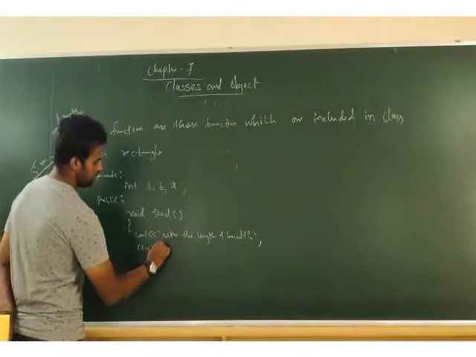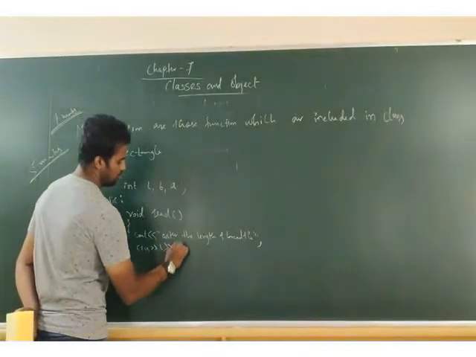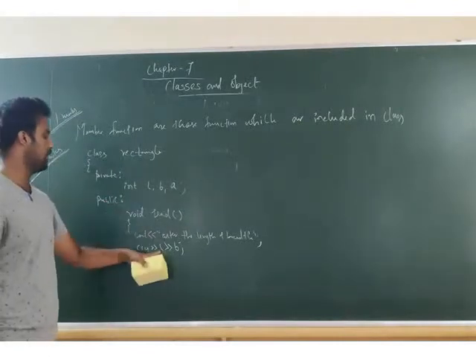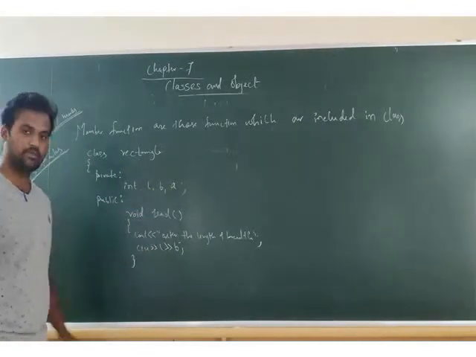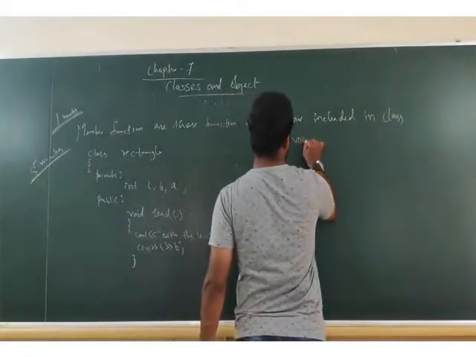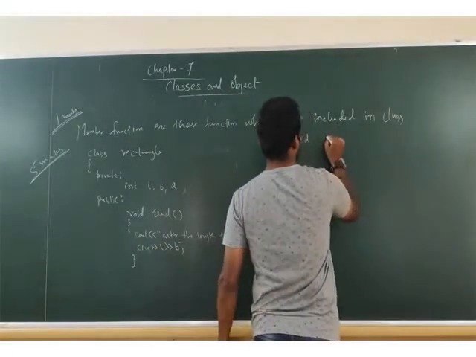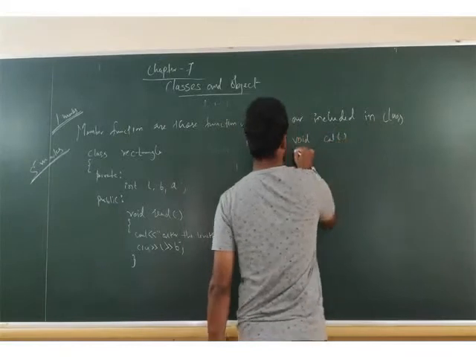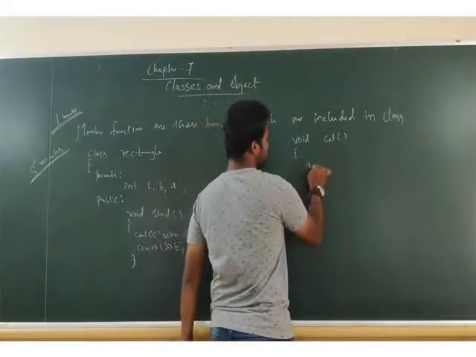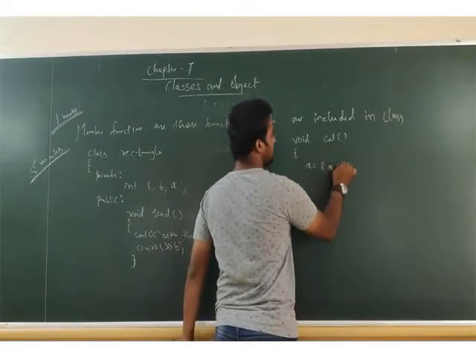Cin L, B. This means reading the length, reading the breadth. Now next, void calculate. Void calculate means the calculation part. Area is equal to L into B.